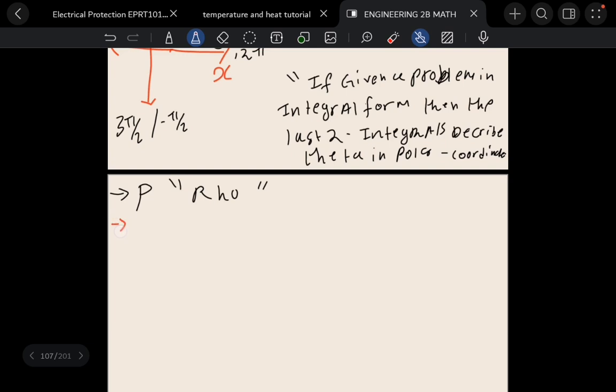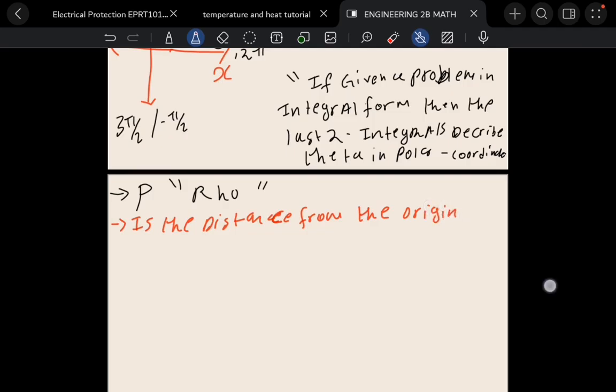Rho is the distance from the origin to the most outer function you have.